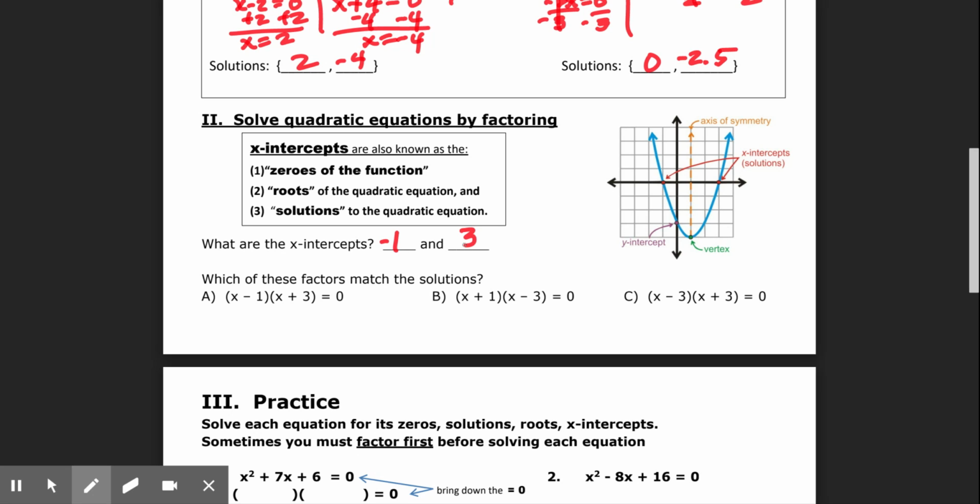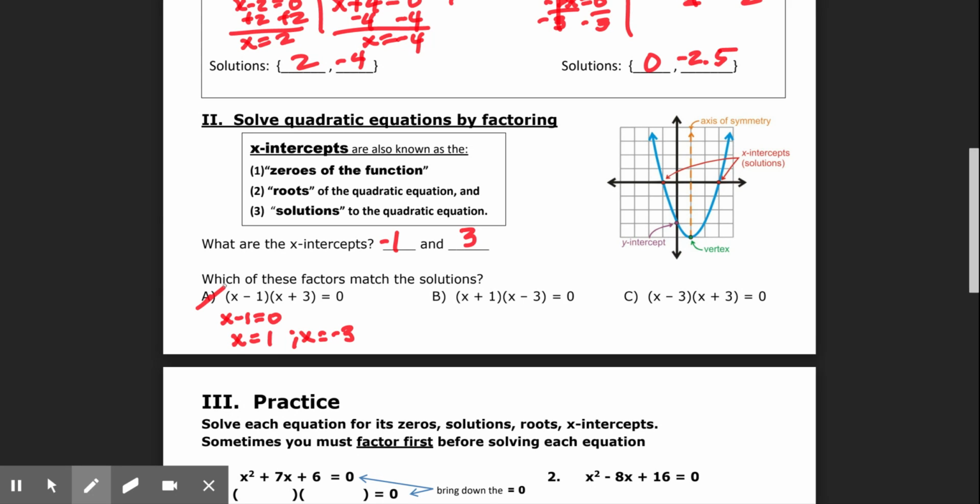All right, so let's go back to matching all these factors to the solution. So remember, they need to be opposite. So if you have x minus 1 and you set that equal to 0, your x is going to end up being a positive 1. And then your other x would be a -3. So this is completely opposite of what we need.